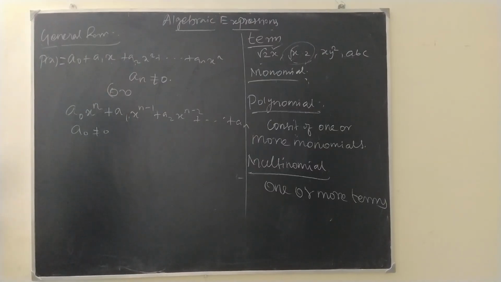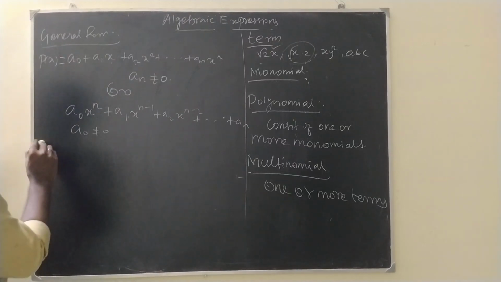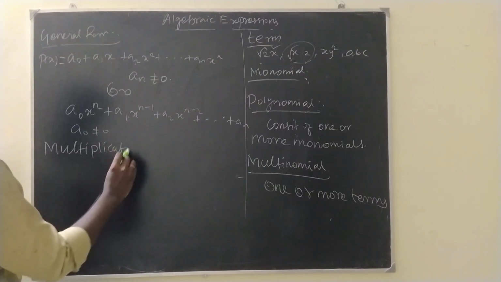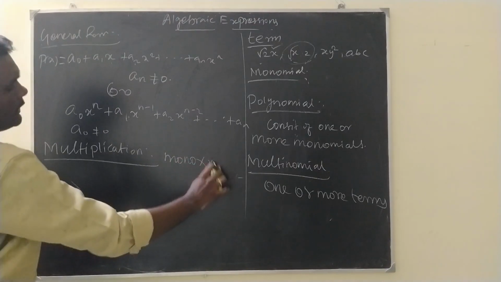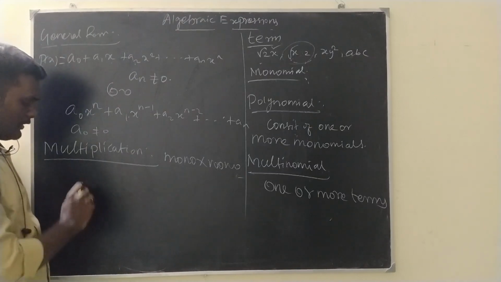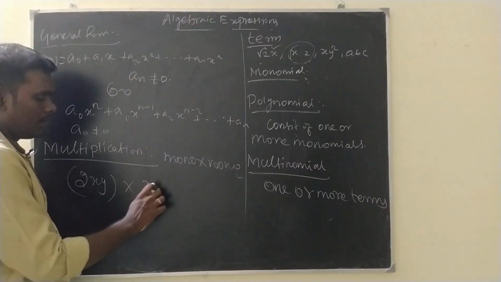So these kinds of algebraic expressions we are going to multiply. How are we going to multiply? First we will see monomial into monomial. You take two monomials, 2xy into 3xz.